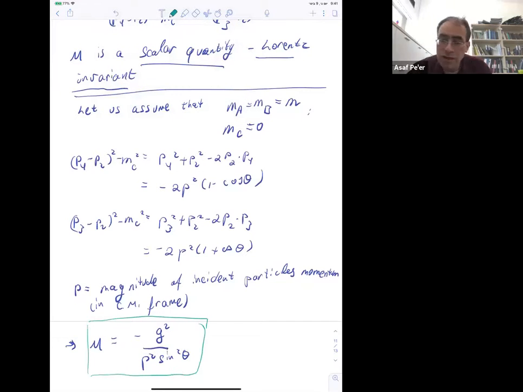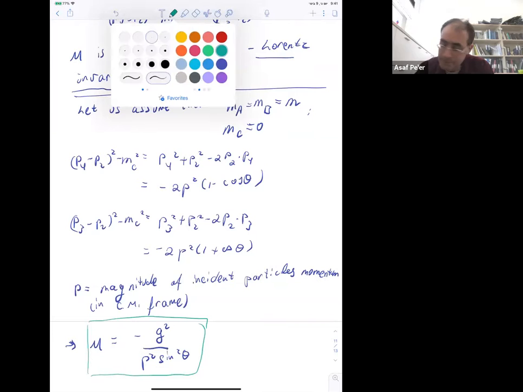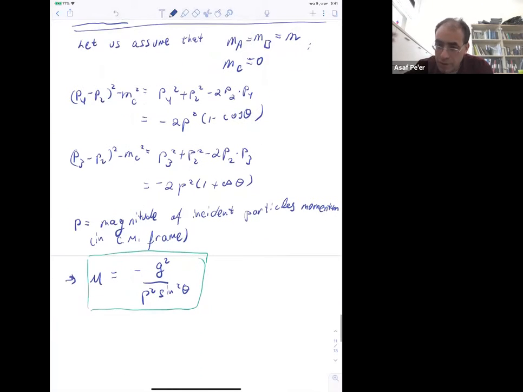And using that result in the calculation we had for the scattering cross-section, going back to the derivation we did previously, we end up that dsigma over domega, the differential cross-section, is 1/2 of G squared divided by 16 pi P squared sine squared theta, squared.